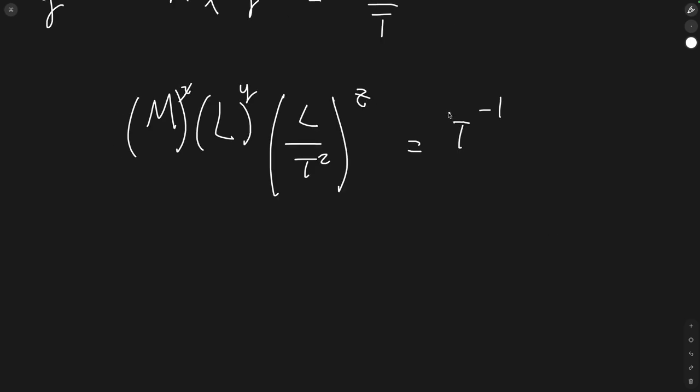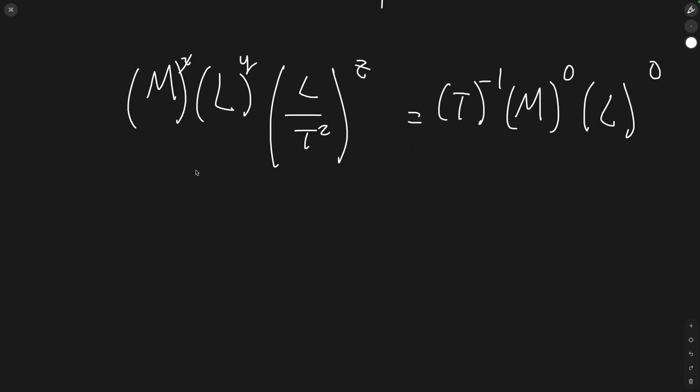So here we have t to the minus 1 like this, and then m to the 0 and also L to the 0. So x equals 0. And then for L, if we multiply these two, you have L to the y plus z equals L to the 0.